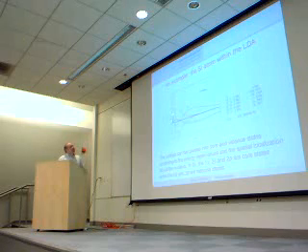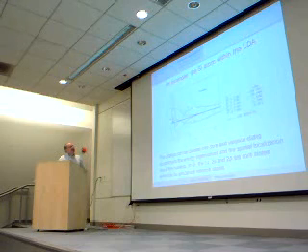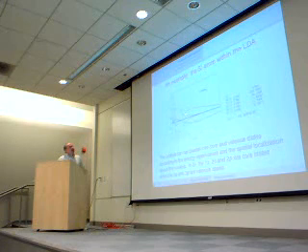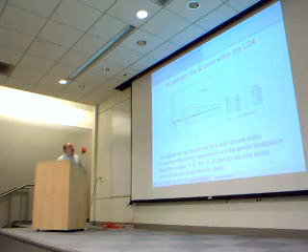If we look at the spatial region where the wave function has the maximum density, you can see that the 3s and 3p states are mainly localized outside this line.